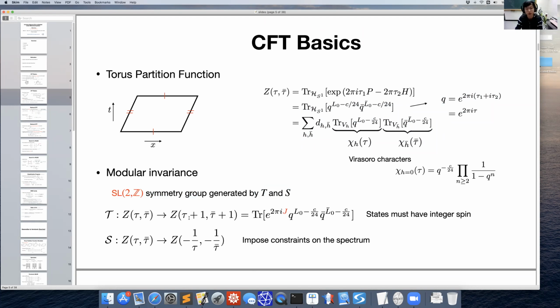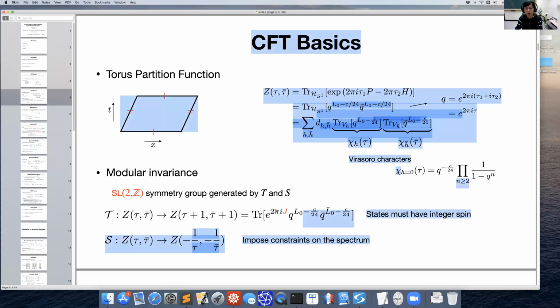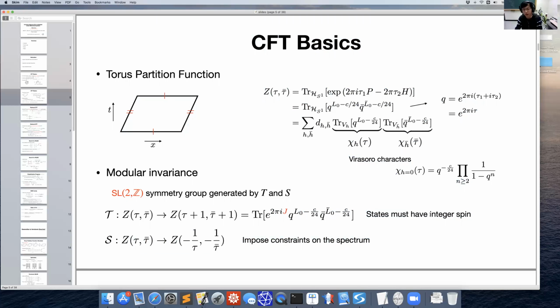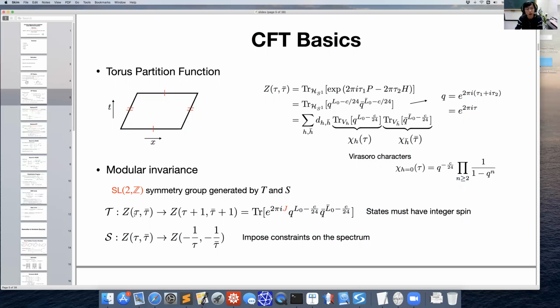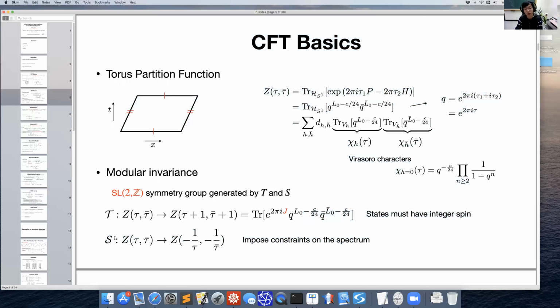It just shifts tau by 1, similarly for tau bar. And if you look at this expression here, this means that the states must have integer spins. So this is a constraint on the partition function. And a more severe constraint comes from the S transformation, where you interchange the two cycles.